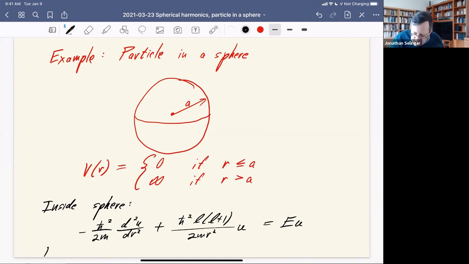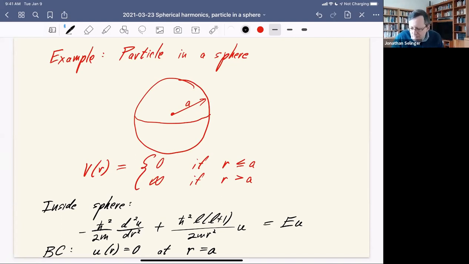And then there's a boundary condition that u of r equals 0 at r equals a. Okay, so how do we solve this thing, right? Well, there's one case in which it's easy. It's easy in the case where l equals 0.